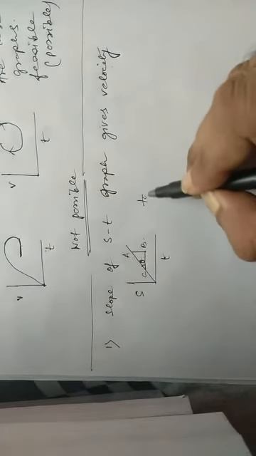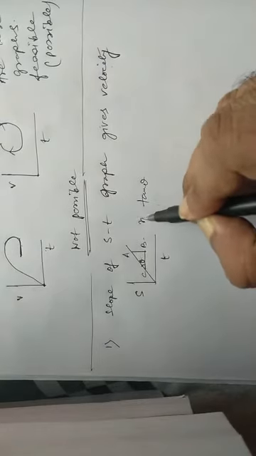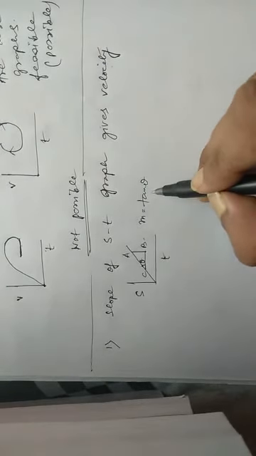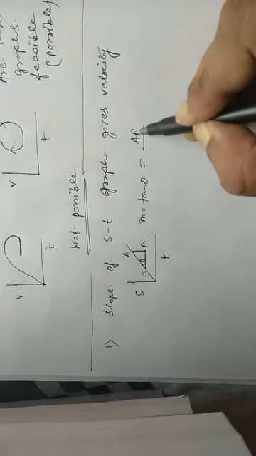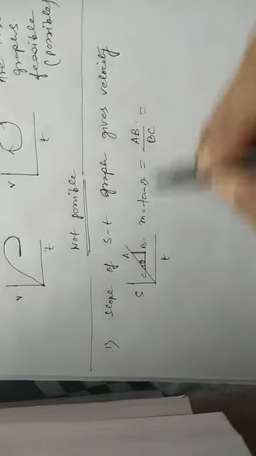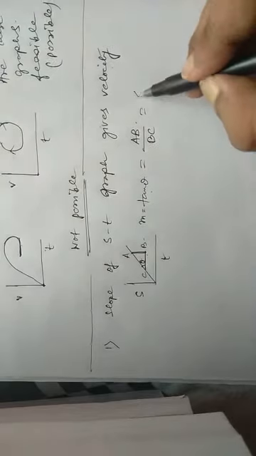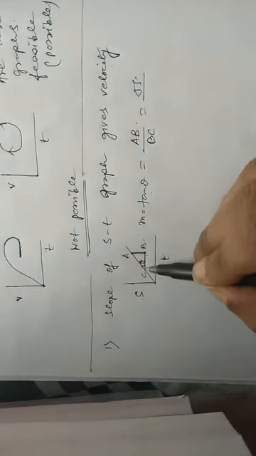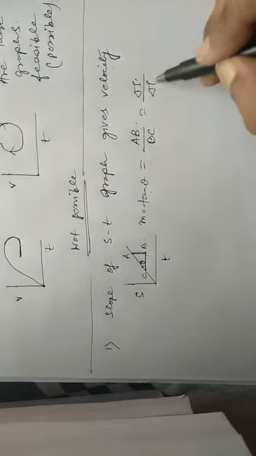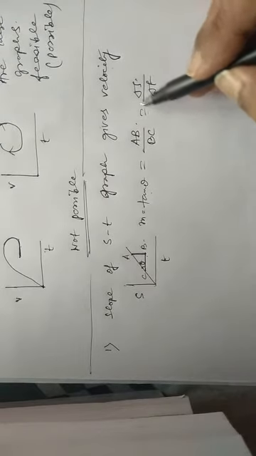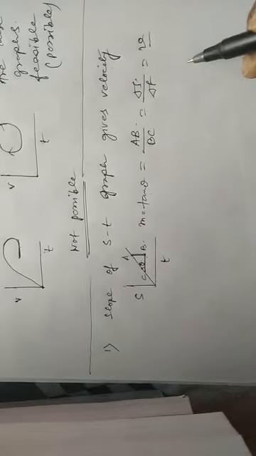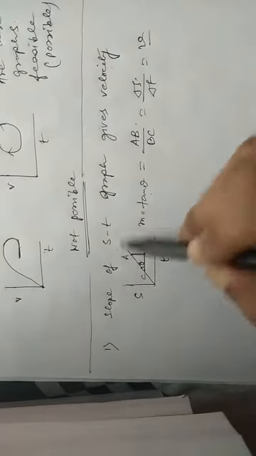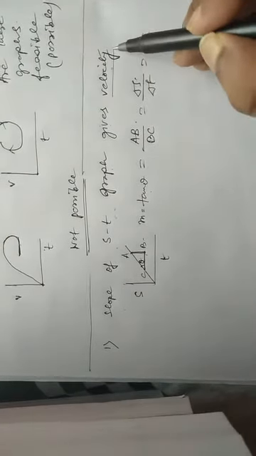So slope is represented by tan theta. Now tan theta is perpendicular by base, AB by BC. Now what is AB? AB is S or change of S. And what is BC? Change of T. According to definition, what is change of S by change of T? That is velocity. So slope of an ST graph gives velocity.